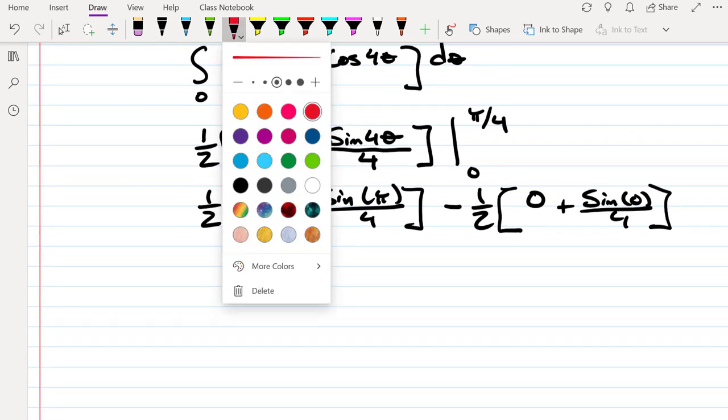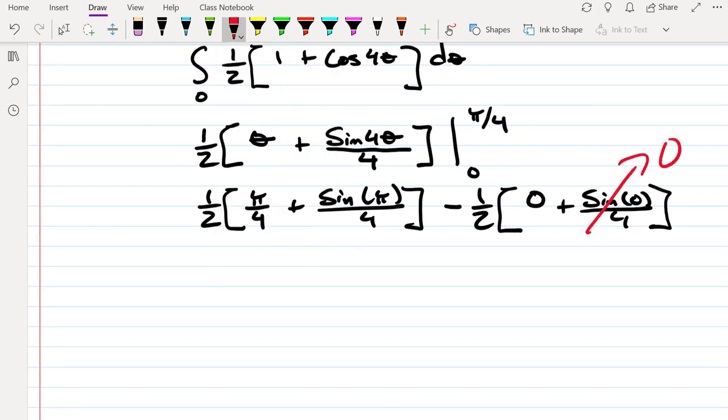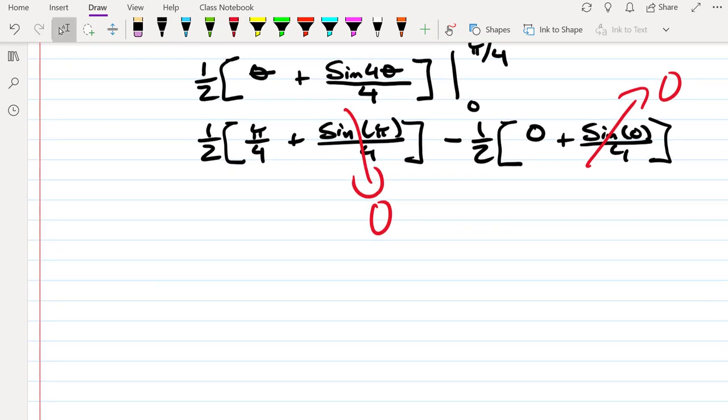So sine of 0 is 0. Turns out the sine of pi is also 0, and 0 is obviously 0. So that leaves us with 1/2 times pi over 4. So the area of that one leaf of that polar rose is pi divided by 8.